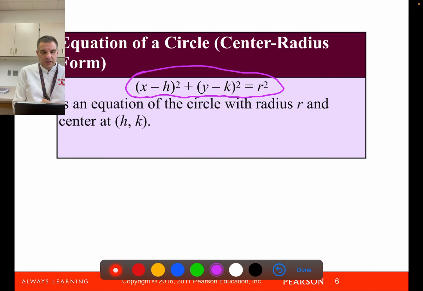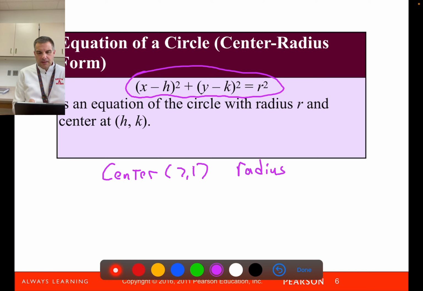So let's say that we know the center. Let's say the center is at (7, 1), and it has a radius equal to 2. We want to write the standard form of the equation. Well, the standard form is going to be x minus h. The x value at the center is my h, so it's going to be (x minus 7) squared plus y.